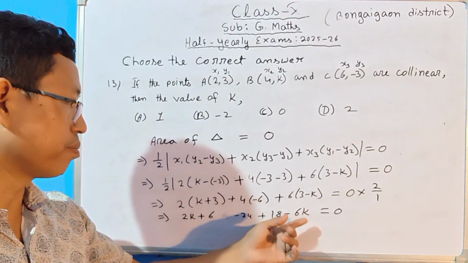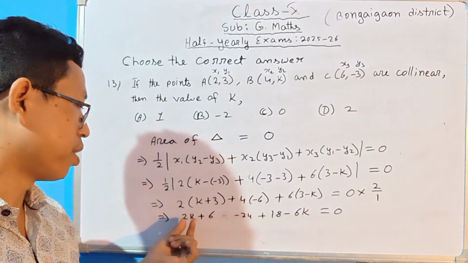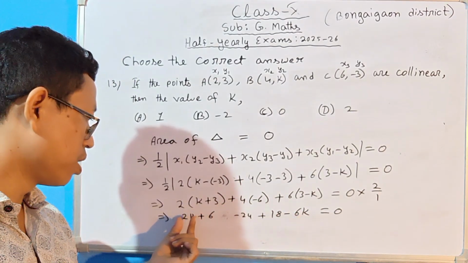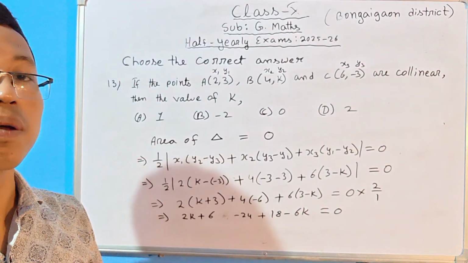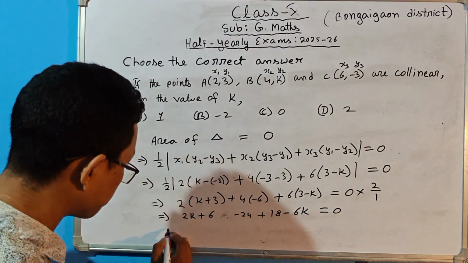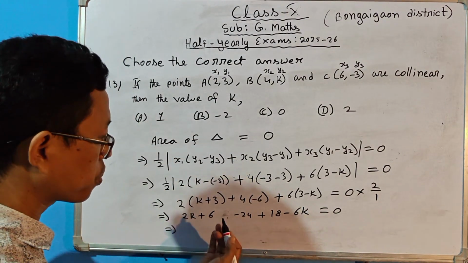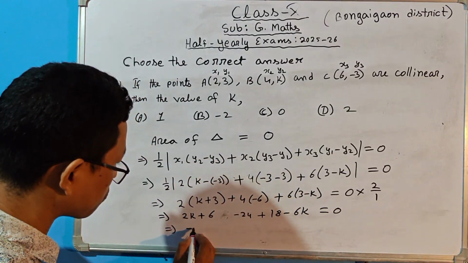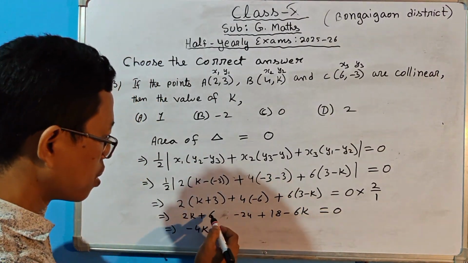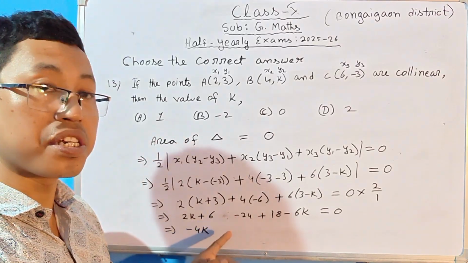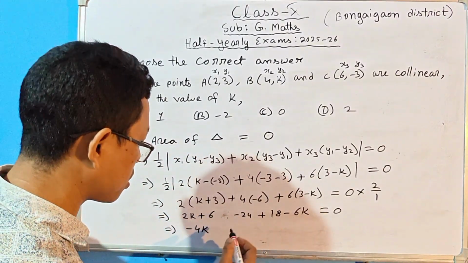Now we solve the like terms, that is the variable terms 6k minus 6k and plus 2k, and the constant terms we solve separately. Likewise 2k minus 6k equals to minus 4k, and we get here 6 minus 24 minus 18, minus 18 plus 18, we get 0. Clear?